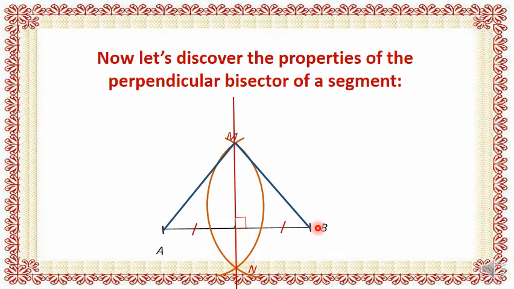It's at an equal distance from where? From the points A and B, which are the extremities or the end point of the segment AB. So in this case, we notice that these two segments are equal.